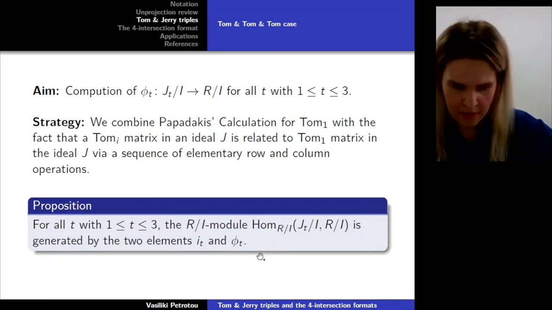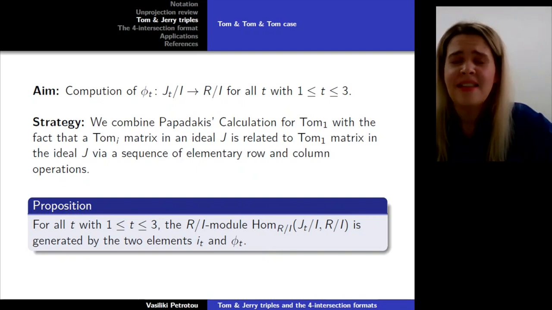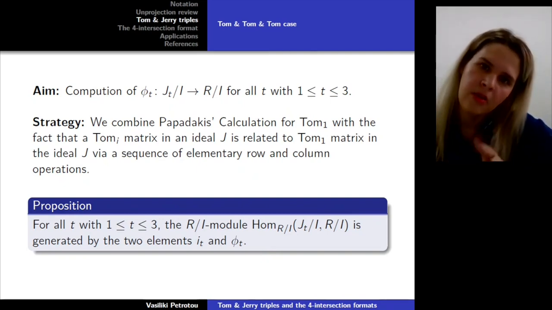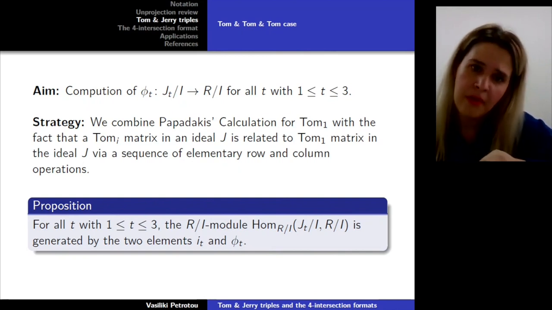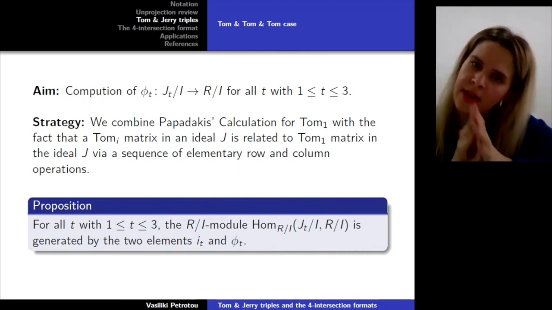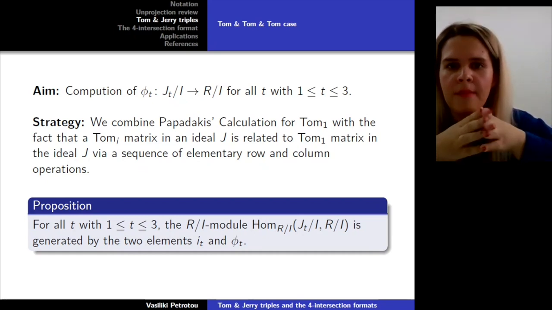It is not difficult to prove this because, as I explained previously, our phi's are defined as a specialization of Papadakis' phi's. Papadakis, in his computation, proved that his phi, together with the canonical inclusion, generates Hom as R over I module.